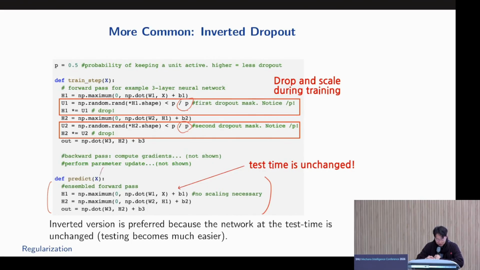So you're given X. This could be a flattened image or whatever, and you first apply a matrix multiply, add in bias, ReLU, take this output, apply the second matrix, second bias, ReLU, apply the third matrix and ReLU, and that's the output.